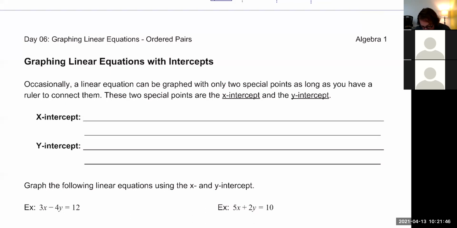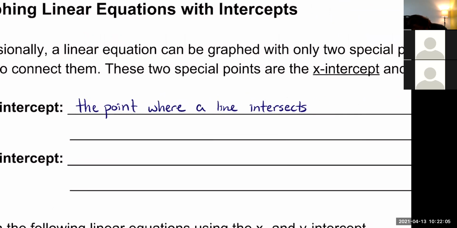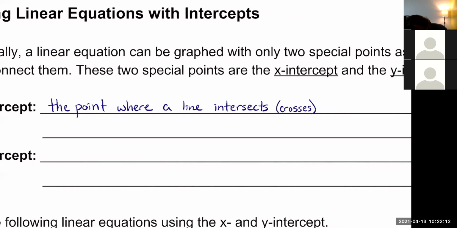So the x-intercept of a line is the point where a line intersects or crosses, any guesses?